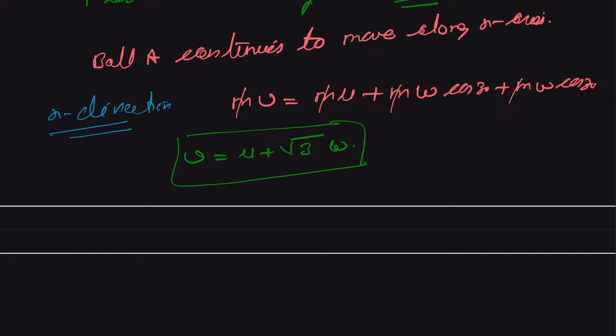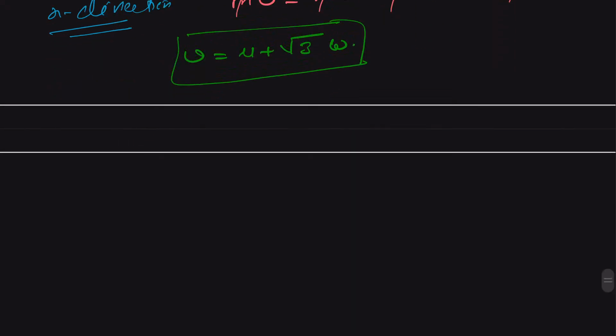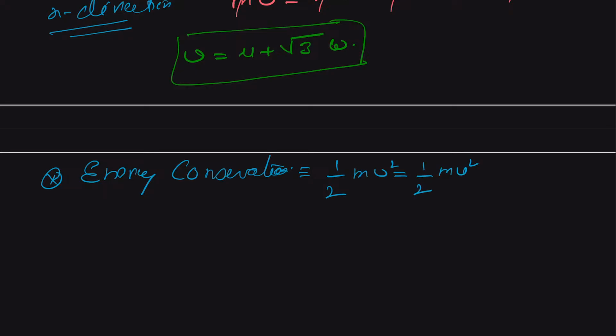Now we come to energy conservation. The initial energy is half m v square, and the final kinetic energy is half m u square plus twice half m W square. Here the half m cancels out throughout.